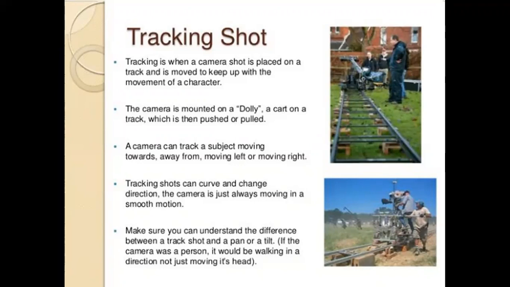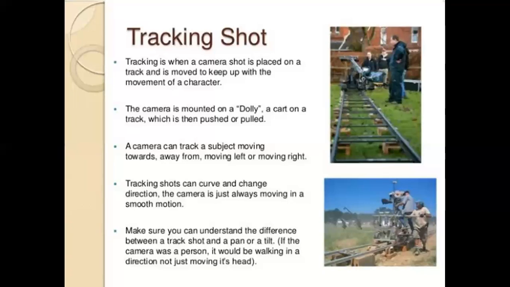A tracking shot is any shot where the camera follows backward, forward, or moves alongside the subject being recorded. In cinematography, the term refers to a shot in which the camera is mounted on a camera dolly, that is then placed on rails like a railroad track.